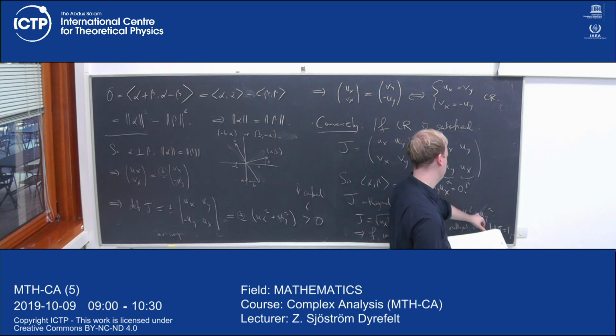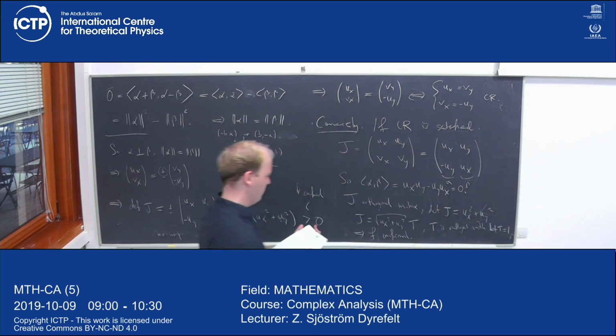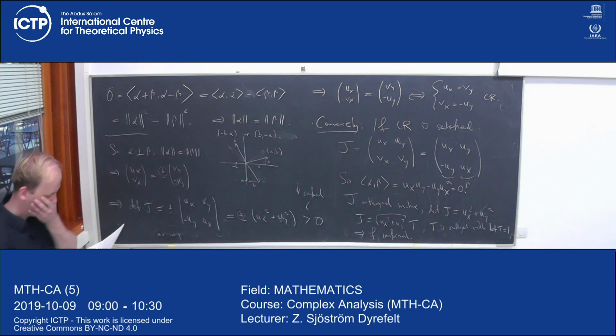If the determinant here is 0, it means that ux is 0 and uy is 0. So the function is constant. And then, is it conformal? Well, then it's not conformal.